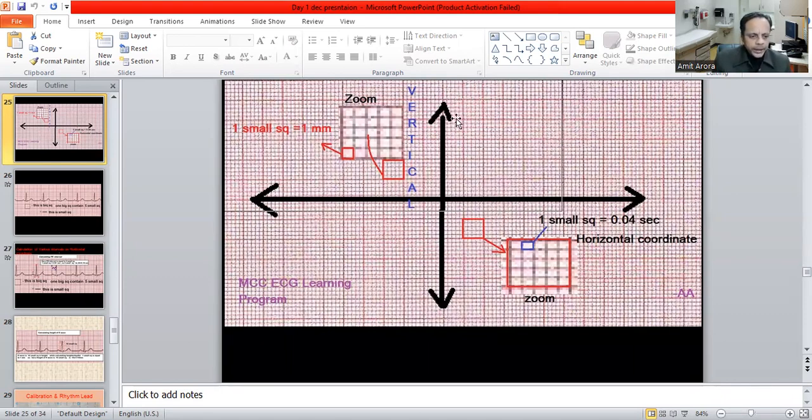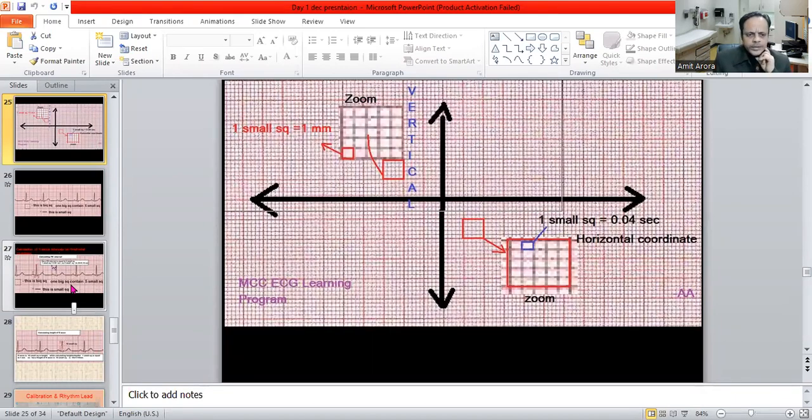And when we have to calculate the height or the depth of the waves, one small square will be equal to 1 millimeter. Suppose the wave is 5 small squares tall. Just multiply 5 by 1, simple, so it will be 5 millimeters. It's not rocket science, but you should understand; maybe it's just revision.